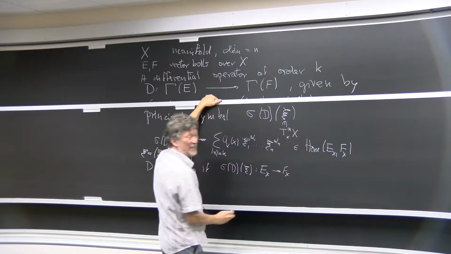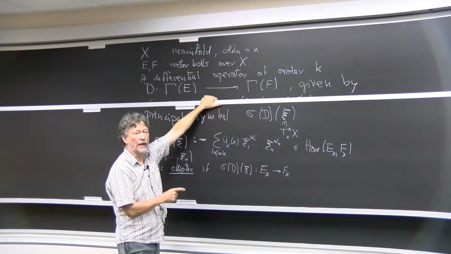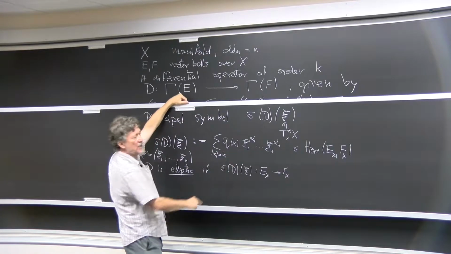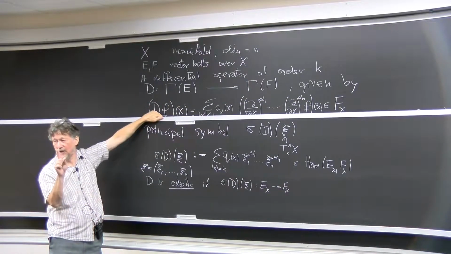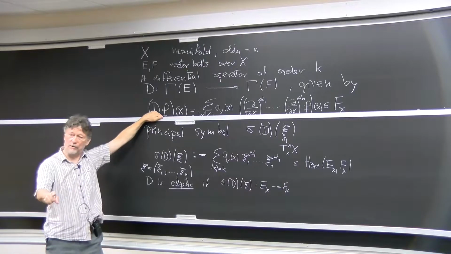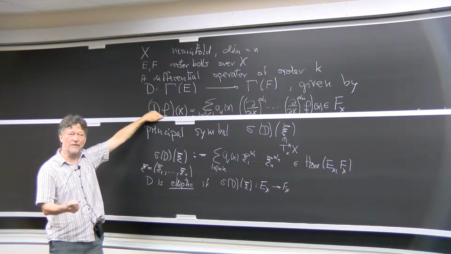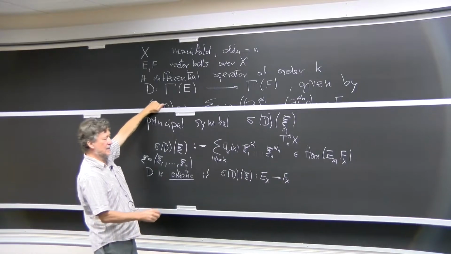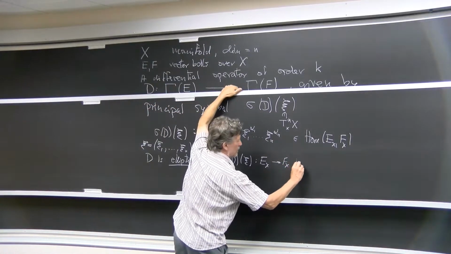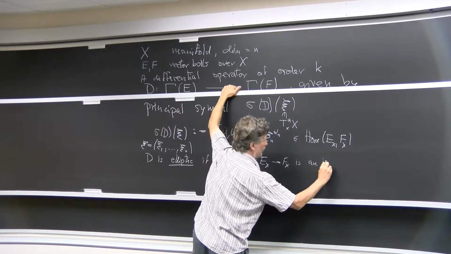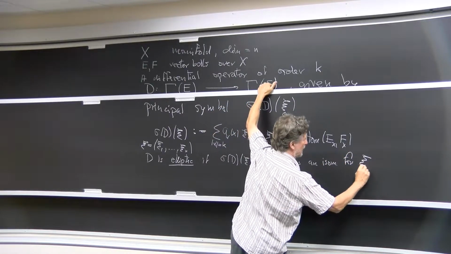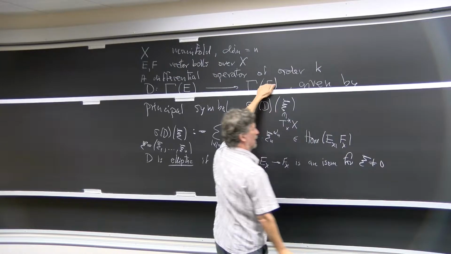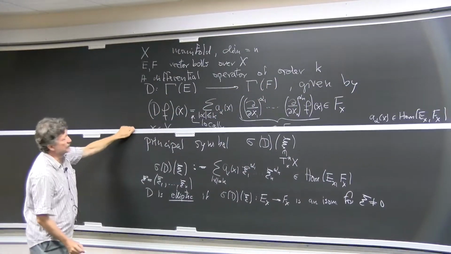If that linear map is an isomorphism for any non-zero cotangent vectors. Notice that it's homogeneous of order k as a function of the cotangent vectors. So now, of course, if I plug in xi equal to 0, I get 0 here. But I insist that this one here is an isomorphism for non-trivial xi. That's our so-called elliptic operators.